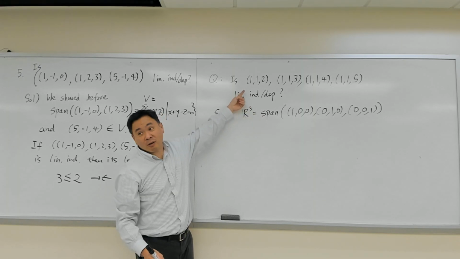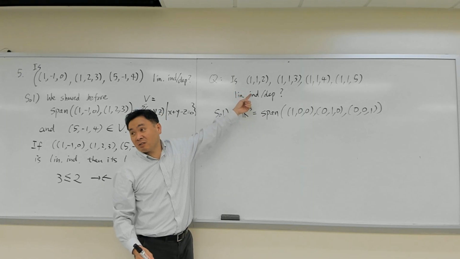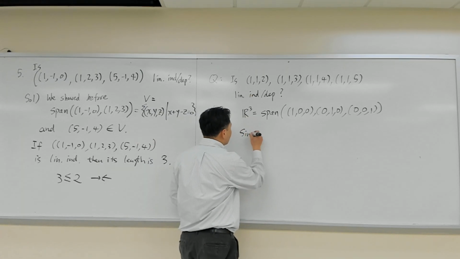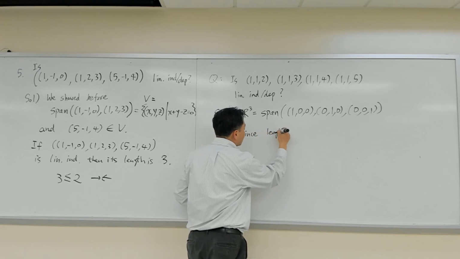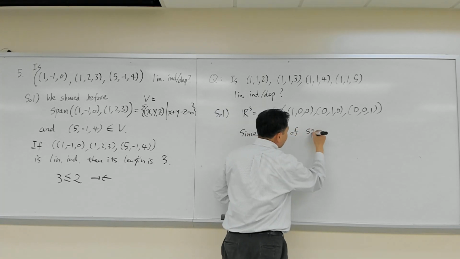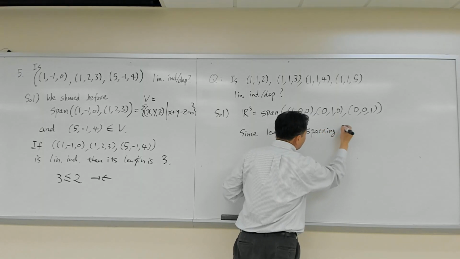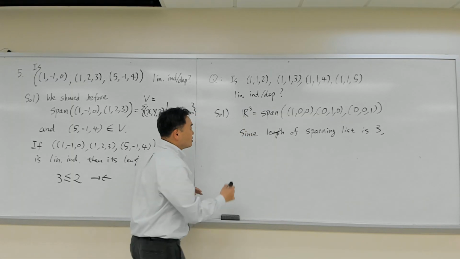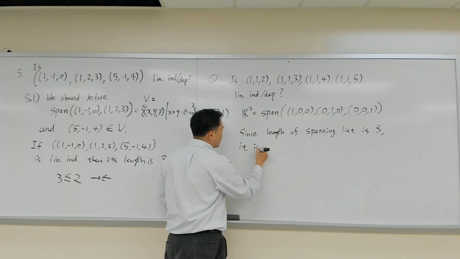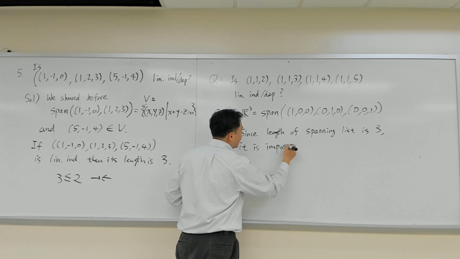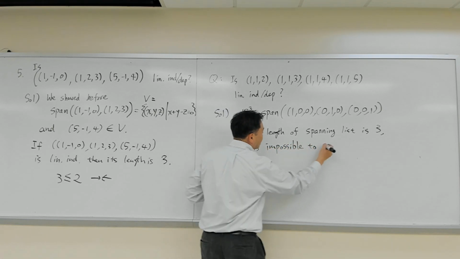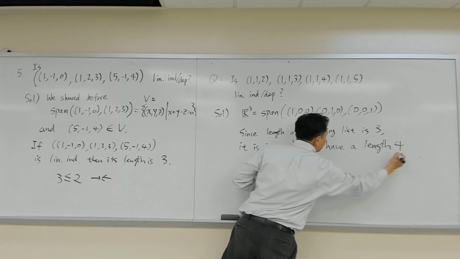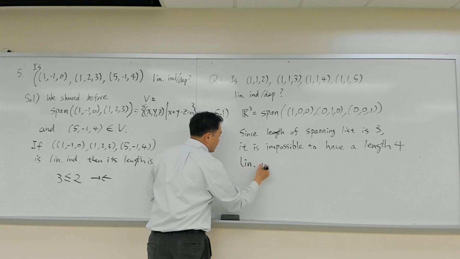That means, can you have a length 4 linearly independent list? No. Since the length of the spanning list is 3, which is what we just saw, it is impossible to have a length 4 linearly independent list.